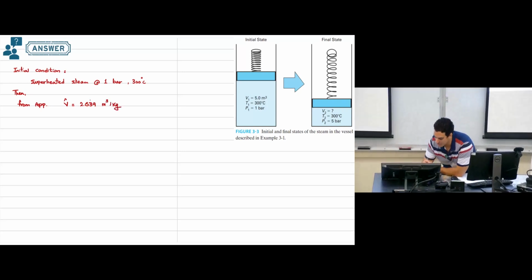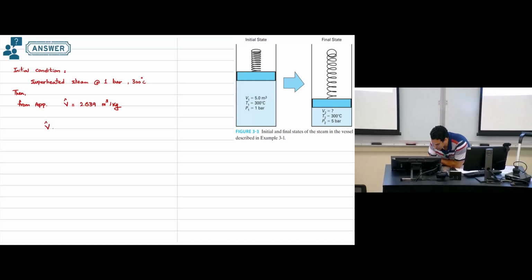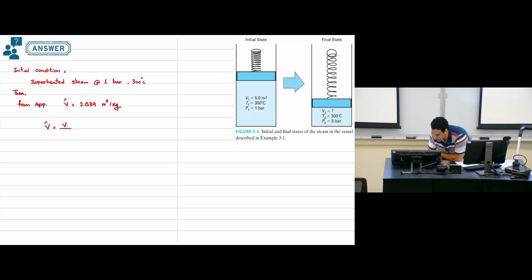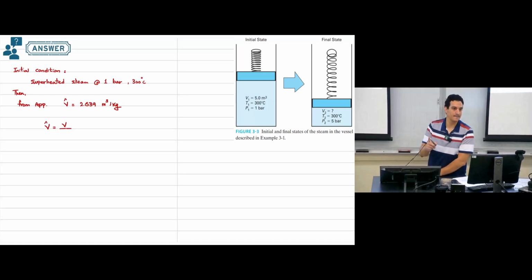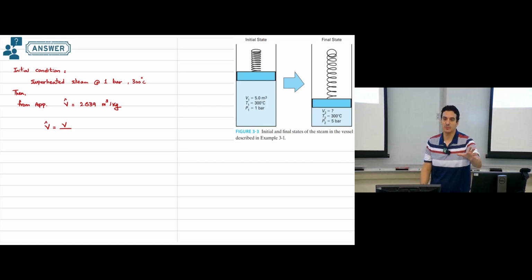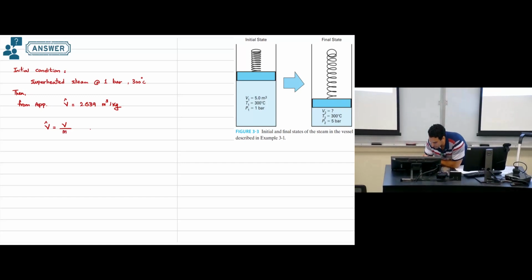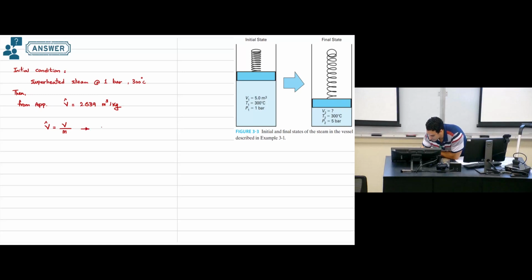And what is the specific volume? Specific volume is volume divided by mass or mole. Specific means you have the property divided by mass. So specific volume is volume divided by mass. This means if you need to find mass, it will be the volume divided by specific volume.